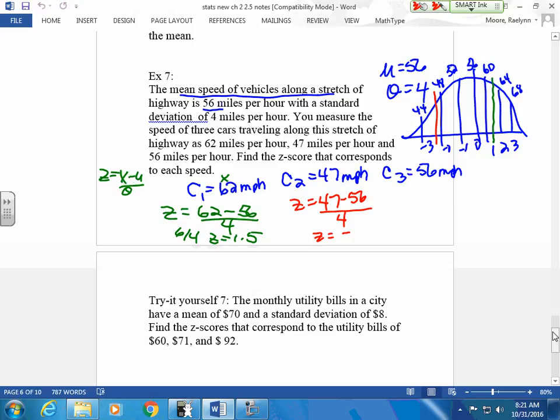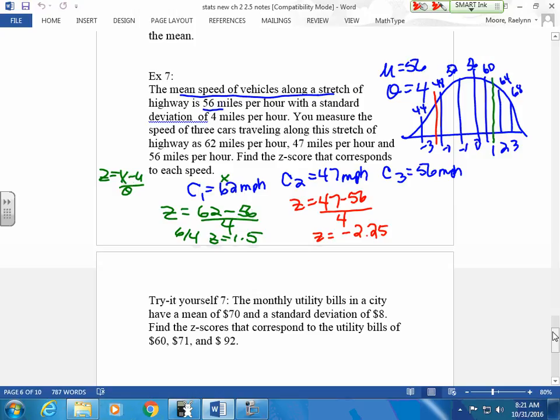Okay, so let's subtract this. I get negative 2.25. And that kind of looks right, doesn't it? Okay, so I'm negative 2.25 standard deviations away from the mean.